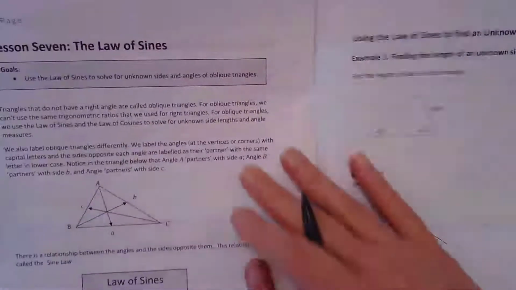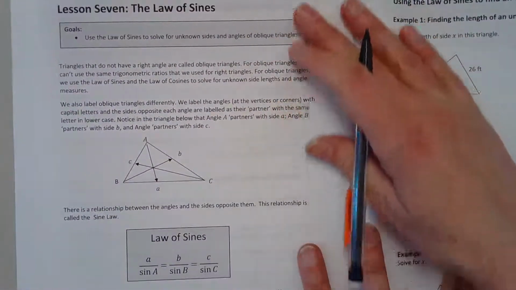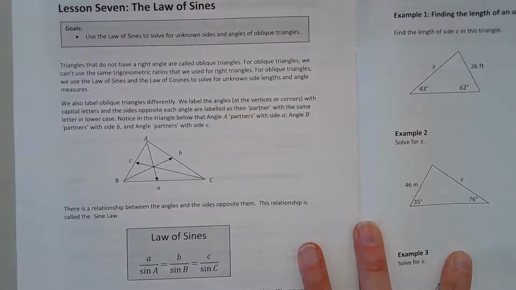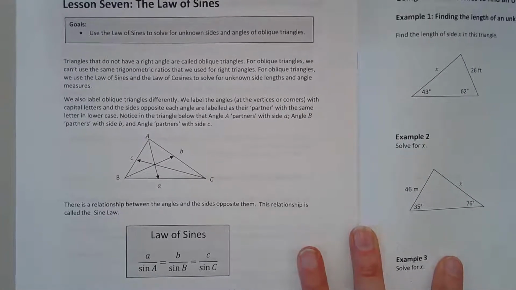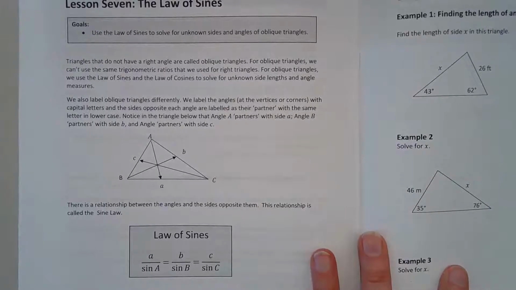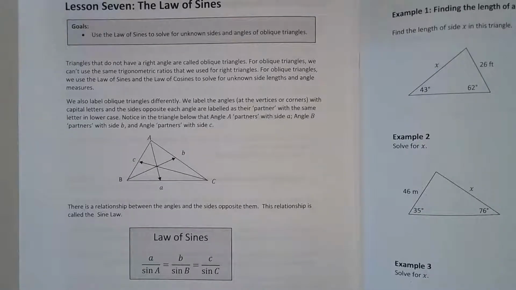Okay, so I'm going to work on something called law of sines, and it says, use the law of sines to solve for unknown sides and unknown angles for oblique triangles. All right, that word oblique just means it doesn't have a right angle, right? They're non-right angle triangles.